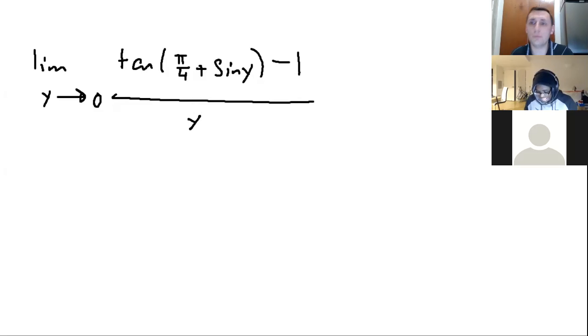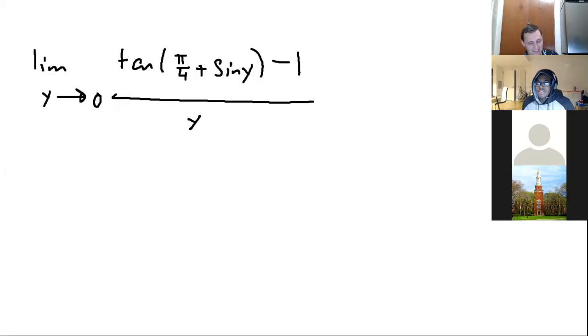You see, guys, how do you solve this particular problem? Can you say that sine y is going toward 0? Because sine y over y, you can cross that out.